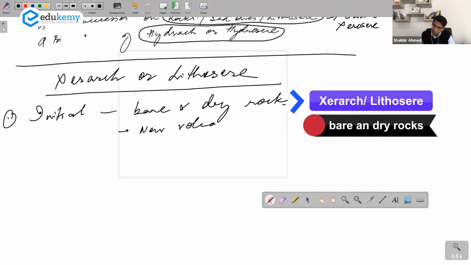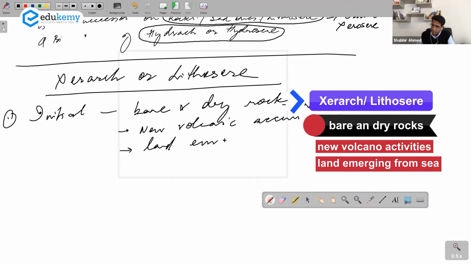It may be formed because of land emerging from the sea, maybe some tectonic event where land has come out.